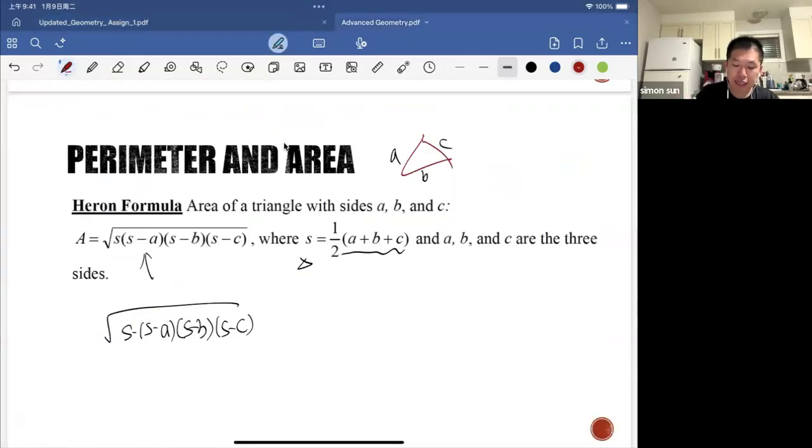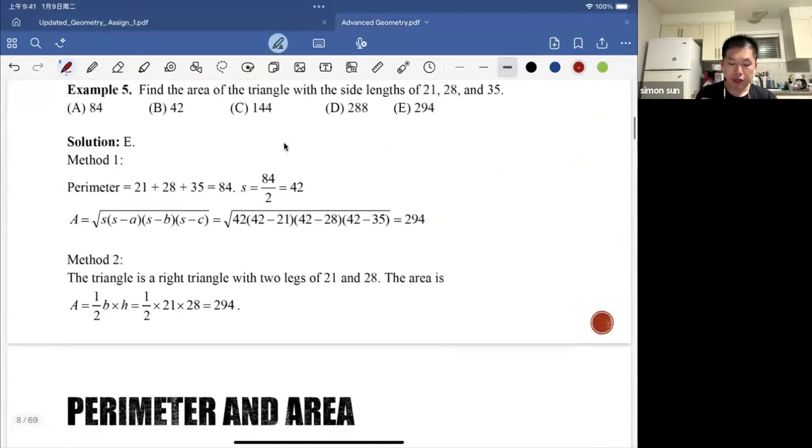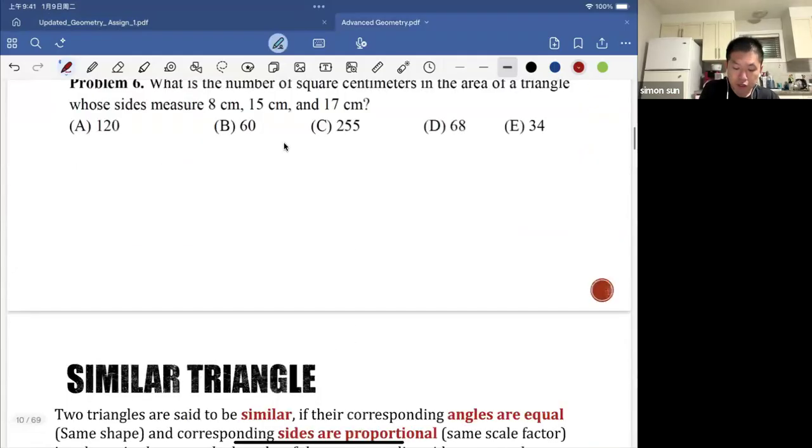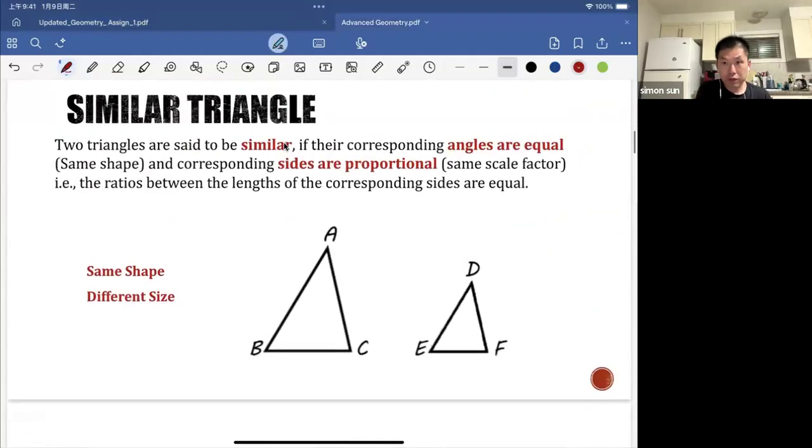Okay. In the last class, the second thing we talked about is similar triangles. So what are similar triangles? We said two triangles are similar if their corresponding angles are equal and their corresponding sides are proportional. In simple words, we have two triangles here, triangle ABC and triangle DEF.